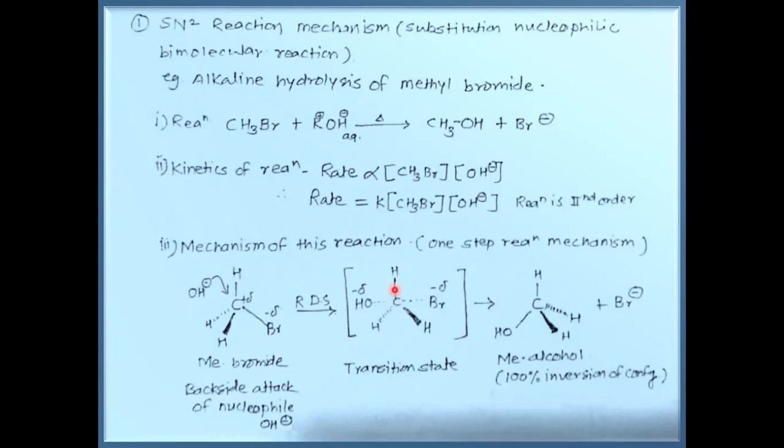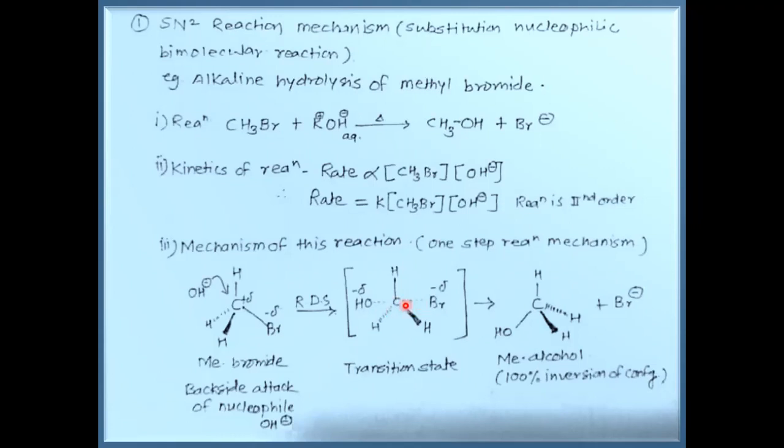Out of these 5 valencies, 3 are complete valencies, CH, CH and CH. But C-Br is a partial valency and C-OH is a partial valency. Two partial valencies are nothing but 1 complete valency. So this is an unstable state.